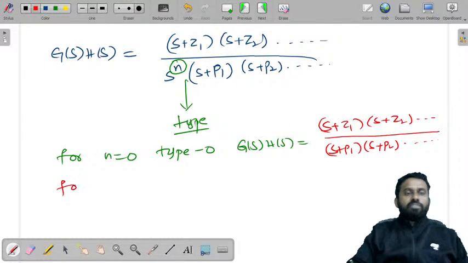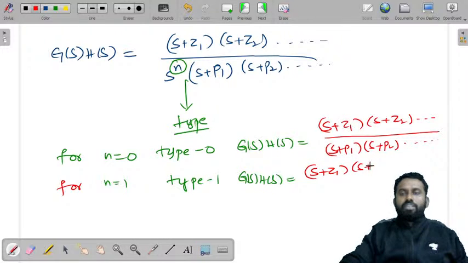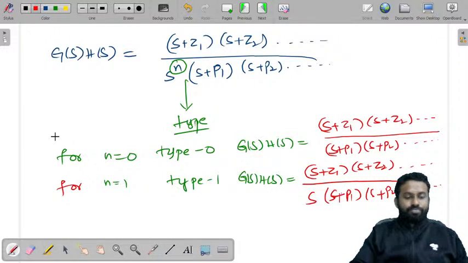Now for n is equal to 1, we'll call it type 1. So g of s into h of s is equal to s plus z1 into s plus z2 and so on by, you'll get 1 s because n is 1, s power 1, s plus p1 into s plus p2 and so on.